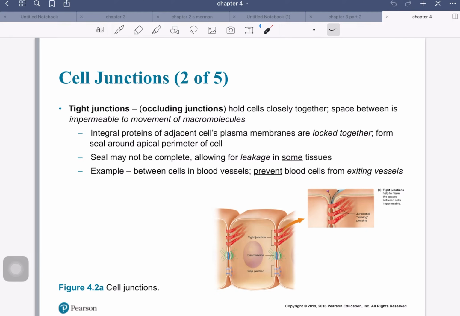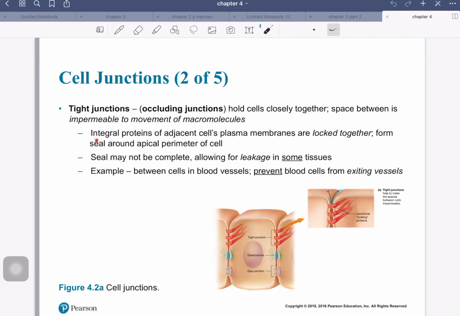If you want an analogy, think of Ziploc baggies. The part that you zip together, that's the idea of a tight junction. It's not just one little space, it's continuous along the margins of where the cells interact. So, as I said, it's basically impermeable to the movement of macromolecules.